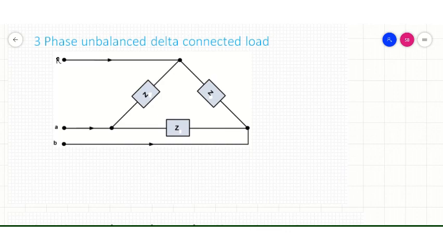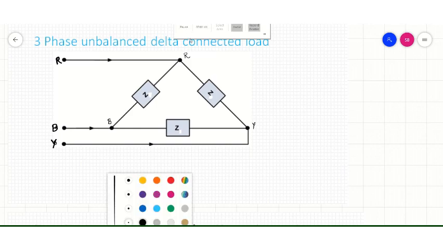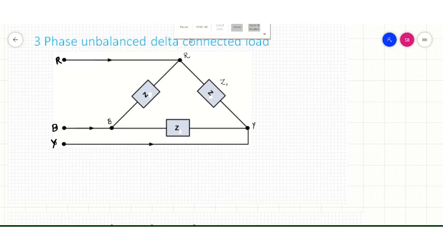This is R, this is Y, this is B. This impedance is Z1 angle phi 1. This is taken as Z2 angle phi 2. This is taken as Z3 angle phi 3.